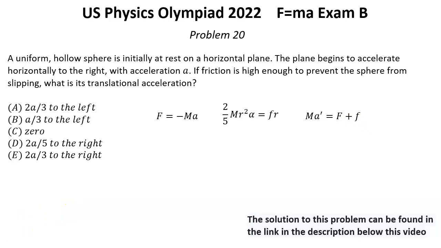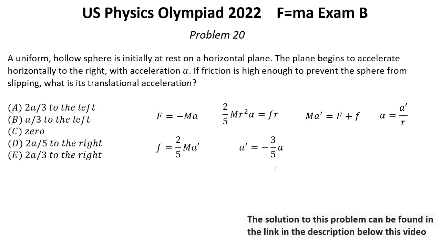On the other hand, because there is no slipping, we have alpha equal a prime over r, which means from the second equation the force of friction equals 2/5 ma prime. Putting these expressions into the third equation, we have a prime equal to negative 3/5 a.